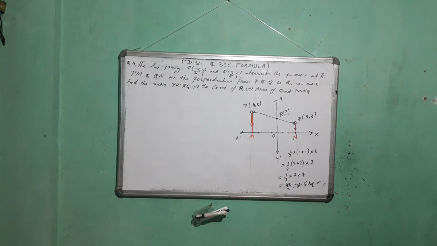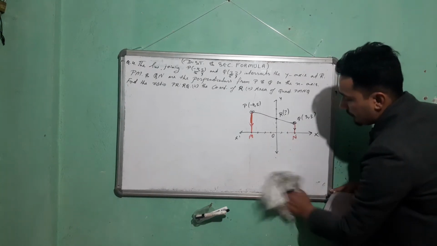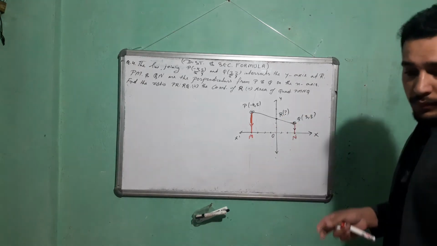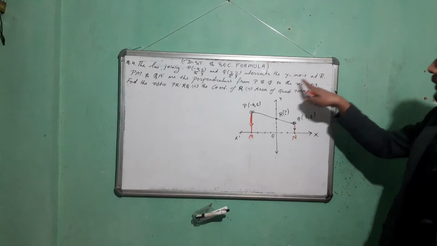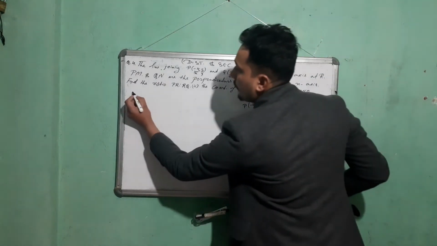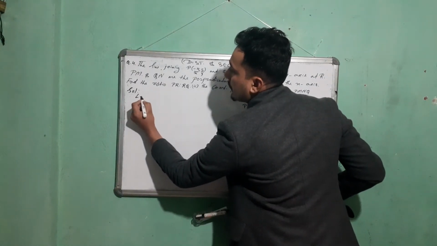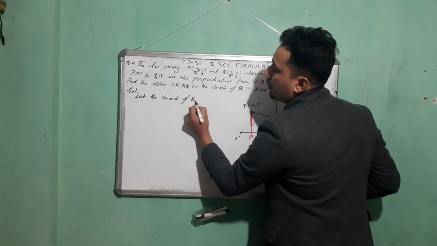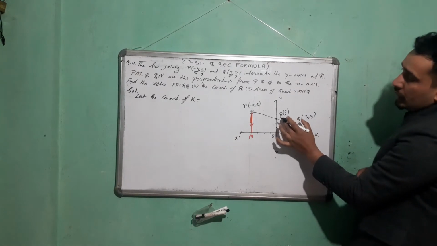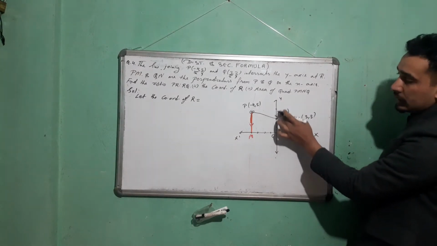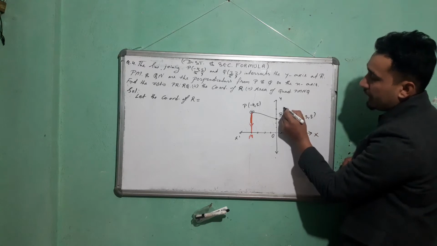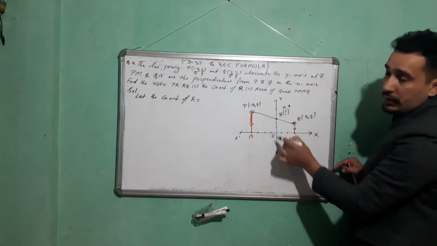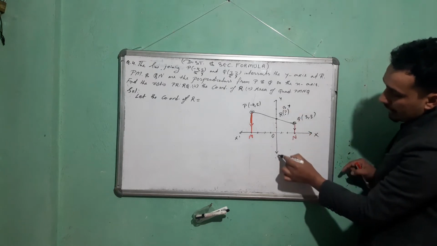First let's solve the first part. Solution: let the coordinates of R be, since R is on the y-axis, you can assume this point as (0, y). The value of x is 0 anywhere on the y-axis, at any point on this line.